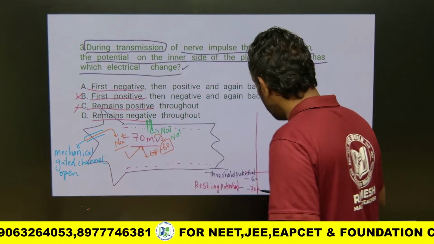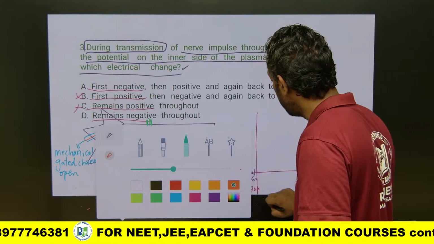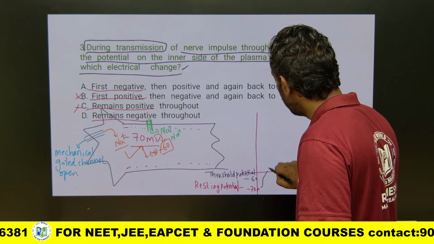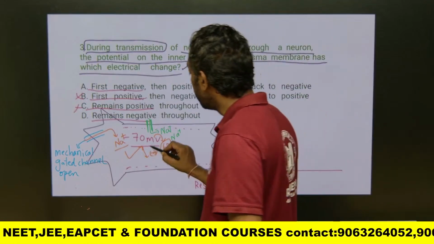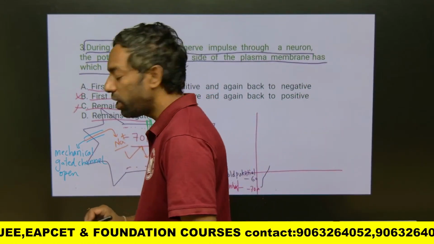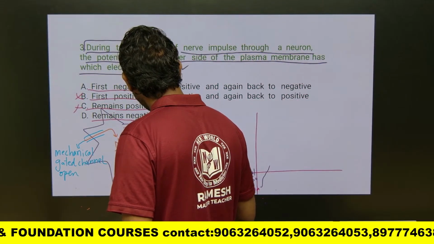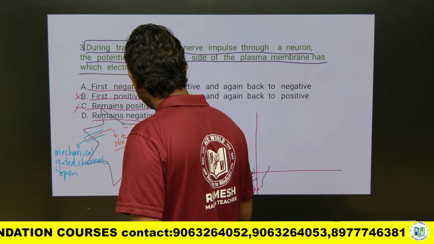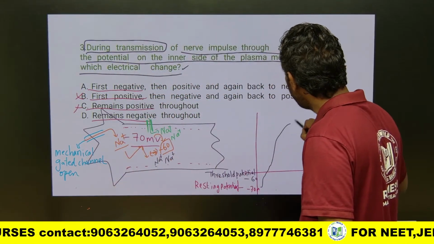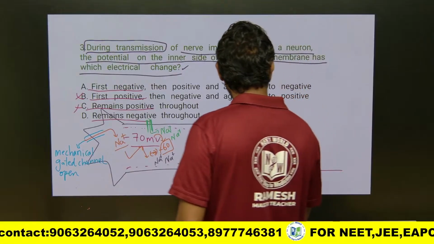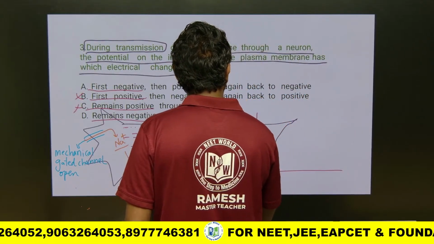Threshold potential: minus 70 turns into minus 60 here. If the threshold potential is created, more sodium ions enter inside, up to plus 30.